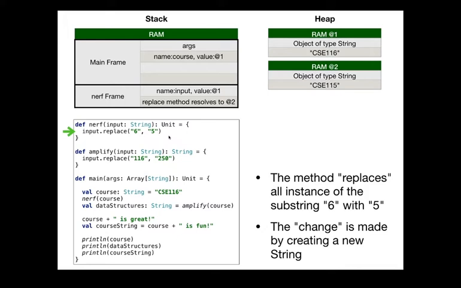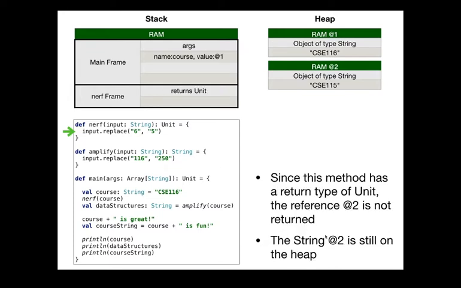And here, we're not doing anything with that string. We're returning unit. So we're not actually returning anything. We don't do anything with that reference at 2. So we created this brand new string on the heap. We didn't do anything with it. We don't actually see any change in our program because we never did anything with that new reference that we created, the reference to the new string that we created.